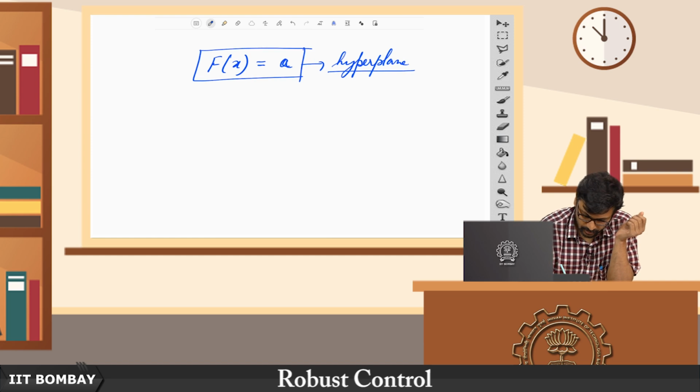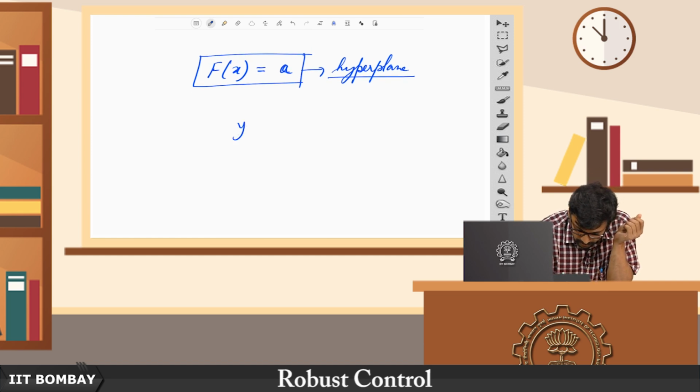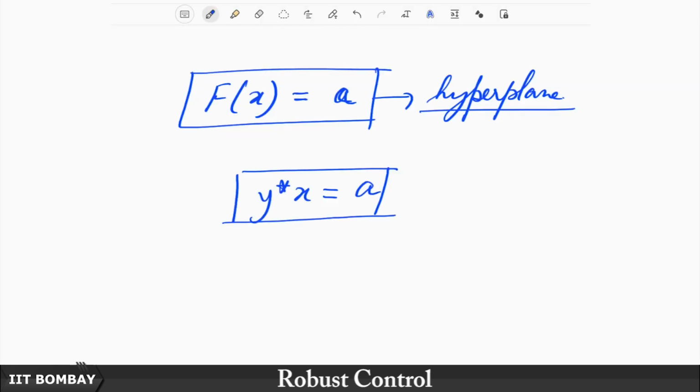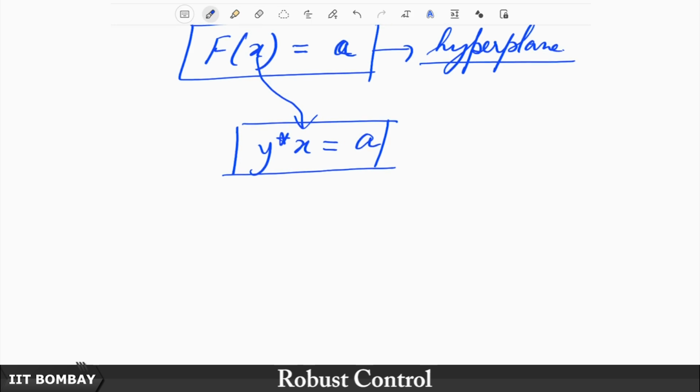So then what we have is essentially, if I open this up now, some such inner product you equate to A, and this gives you the equation of the hyperplane. So any hyperplane that you might need to cook up in order to separate convex sets would eventually end up looking like this. But of course this y is something that is given, the x is basically the argument that is being fed here to the linear functional.